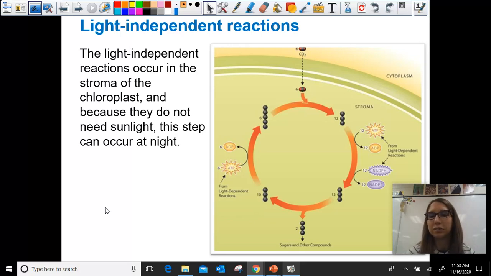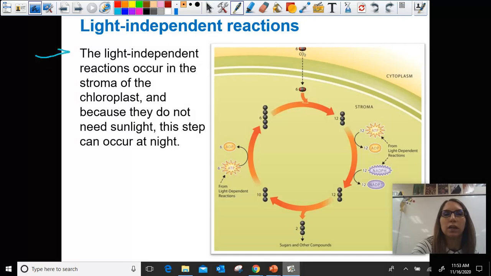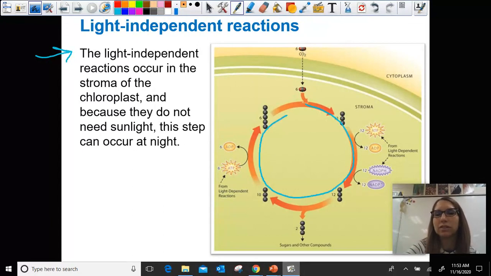So all those things that I just mentioned, if you didn't jot those down, I would go ahead and do so here. You can see on this diagram, this is a picture of what we call our Calvin cycle, the light independent reaction stages. Notice it's a cycle, much like any other cycle we've seen this year. There are multiple steps.